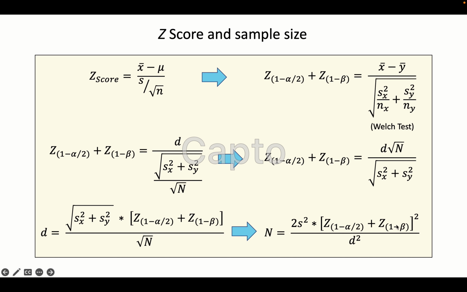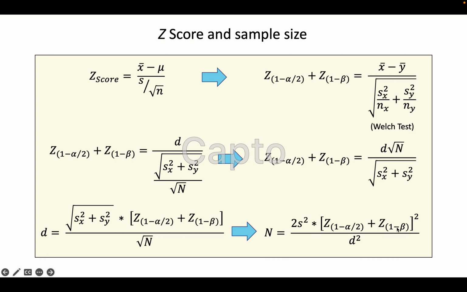So let me explain this better. If you say that your study is going to have 80% of power, that means that your beta value is going to be 0.2, because 1 minus 0.2 is 0.8, which is 80% of the desired power, right?